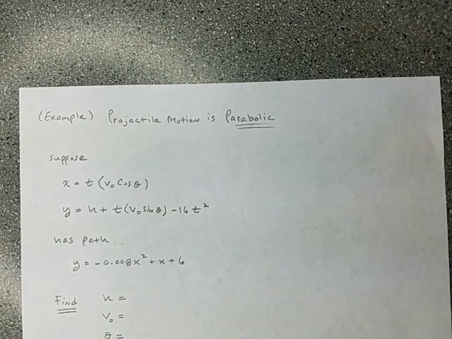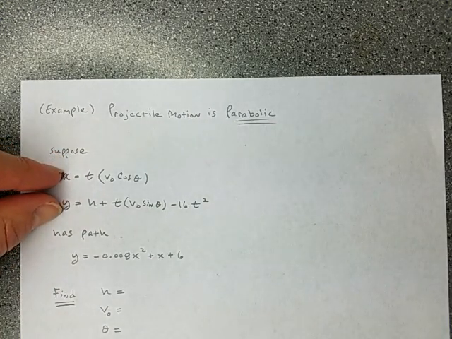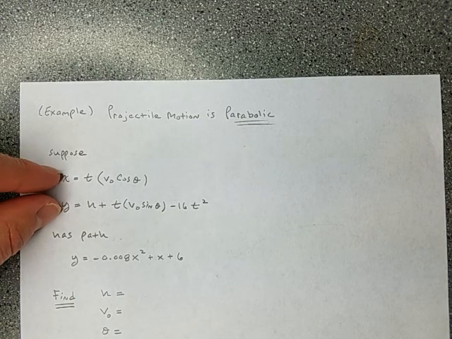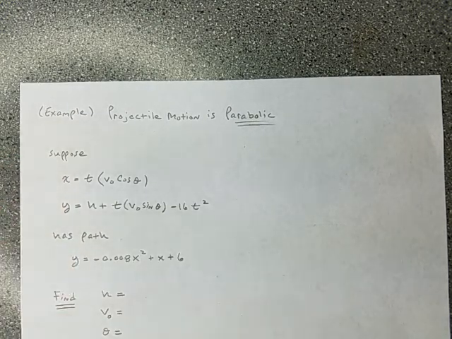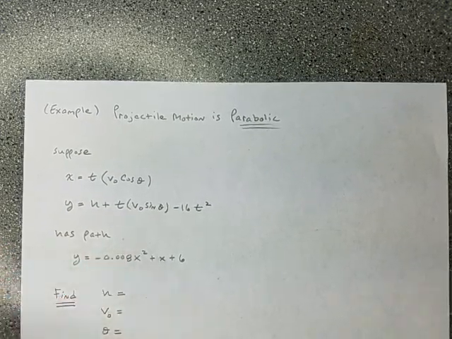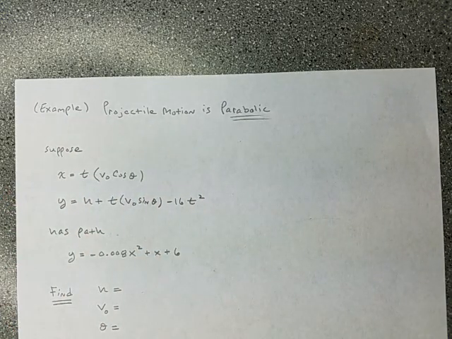Let's say that I tell you that our parametric equations for projectile motion have this path. You remember what the path is? That's just the y and x equation that the thing travels through, that the parametric equations are if you graph them.